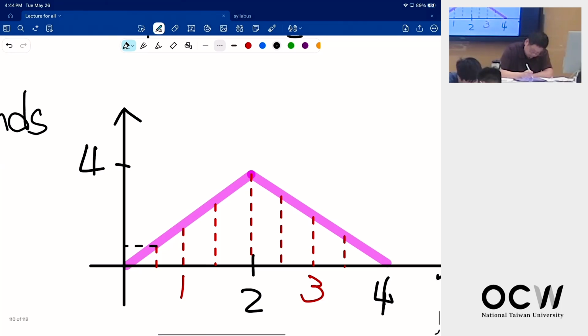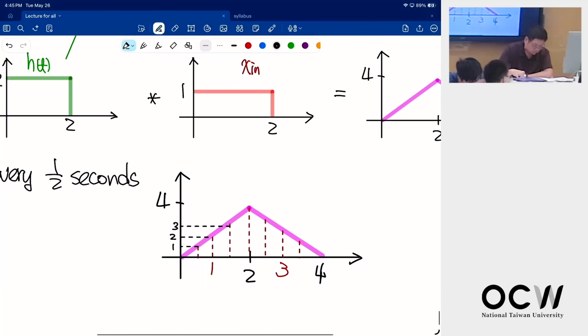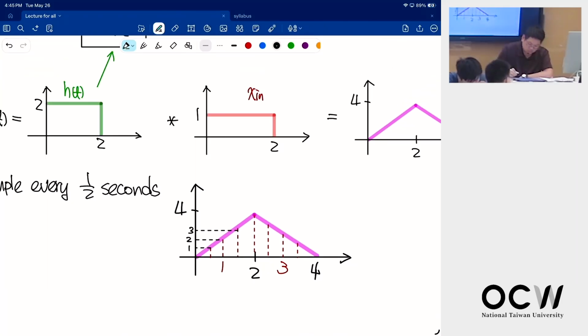Here's 1, here's 2, and here's 3, and 4, okay.